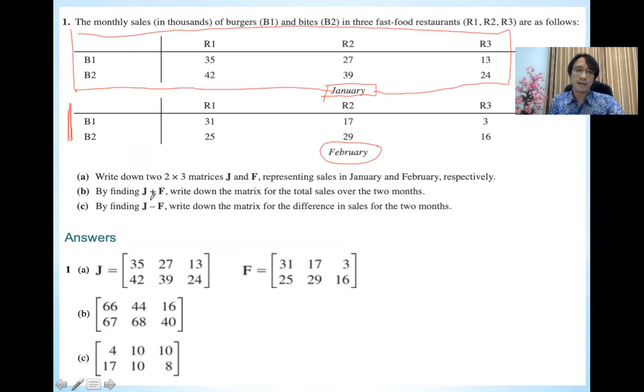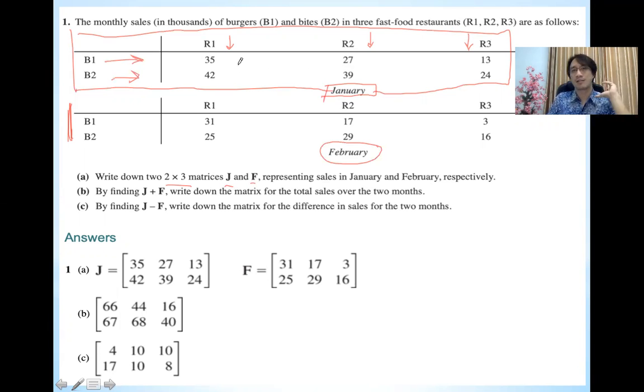So if you are asked to write down 2 times 3, 2 rows with 3 columns, 2 times 3 order, matrix J and F, January and February, representing sales in January and February respectively, then it is quite easy.